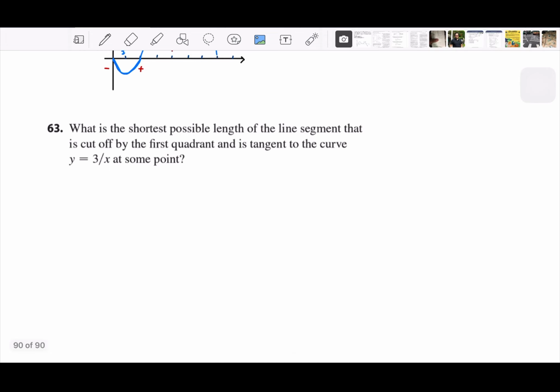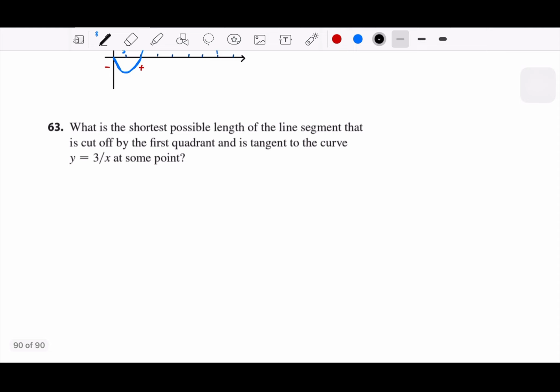The question is asking what is the shortest possible length of the line segment that is cut off by the first quadrant and is tangent to the curve y equals 3 over x at some point.